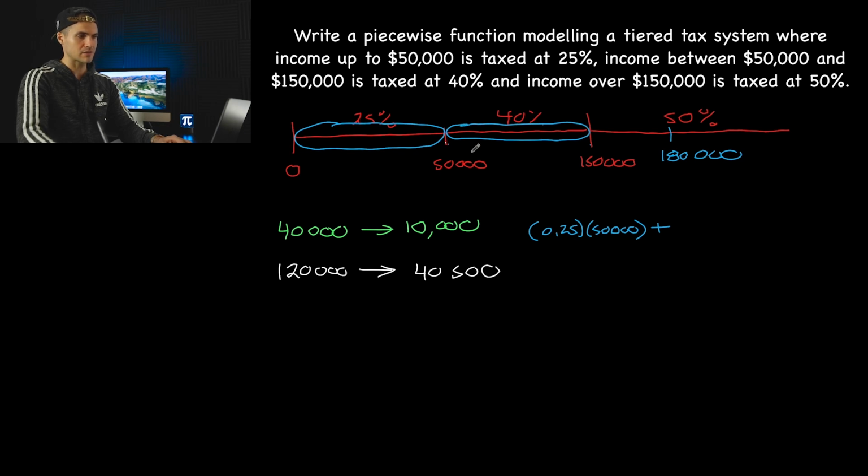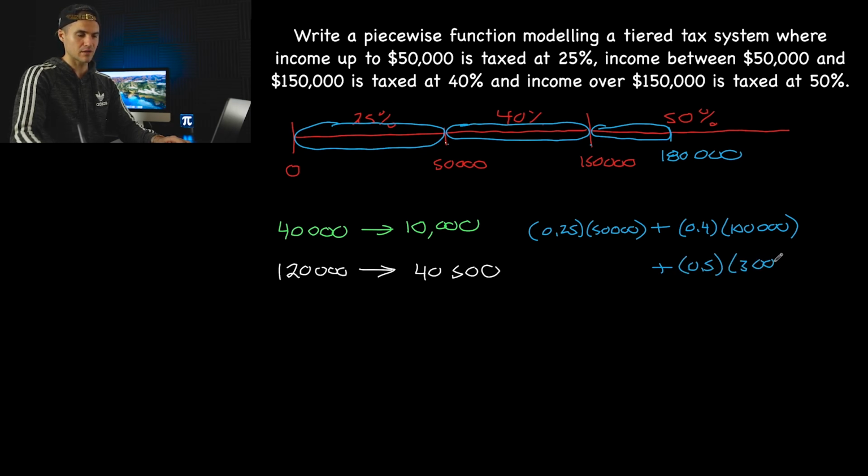This next 100,000 is going to get taxed at 40%. So 100,000 of your income is getting taxed at 40%. And then the excess above 150 is getting taxed at 50%, right? And what's that excess from 150 to your income of 180? That's 30, right? So 30,000 of your income is going to get taxed at 50%.